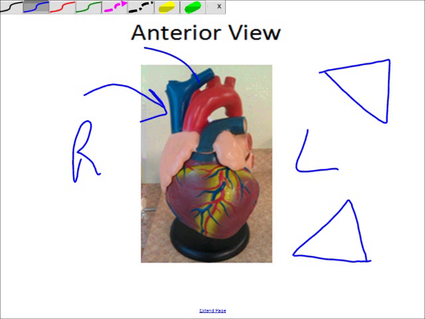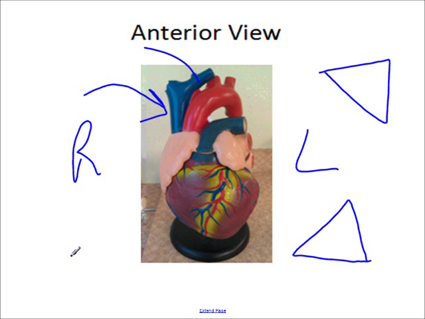Always keep this in the back of your mind: all arteries carry blood away from the heart. Veins carry or circulate blood back to the heart. I'm going to say this again: arteries carry blood away from the heart, and veins circulate blood back to the heart.